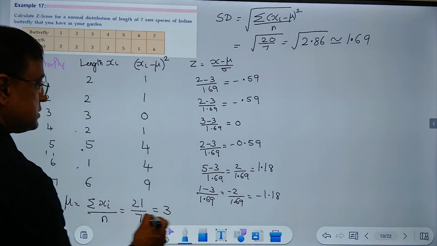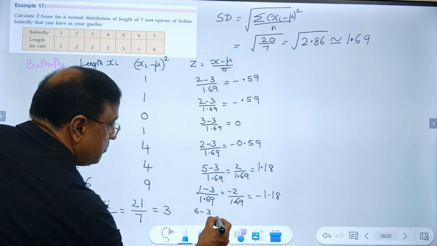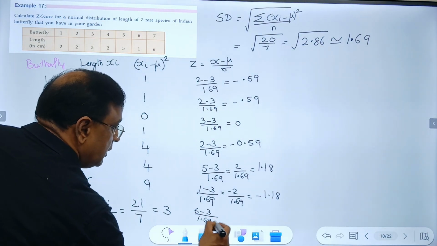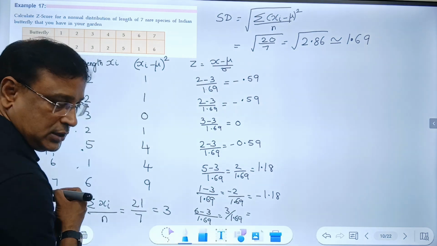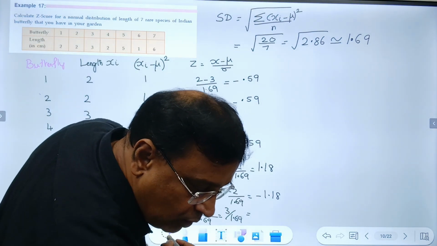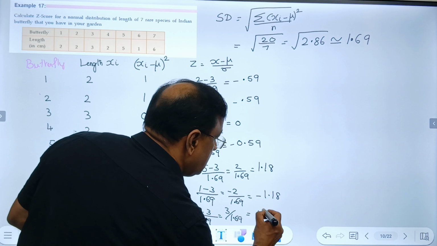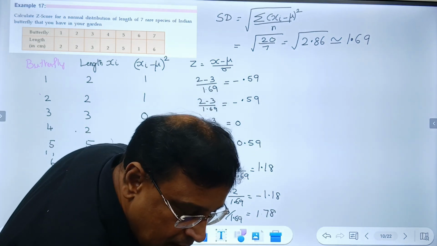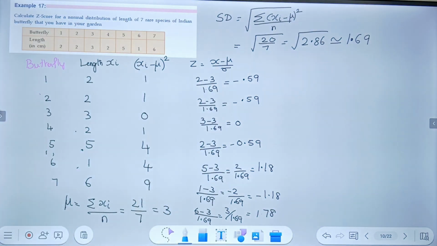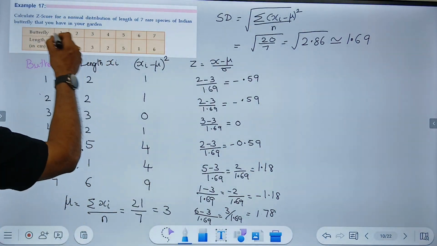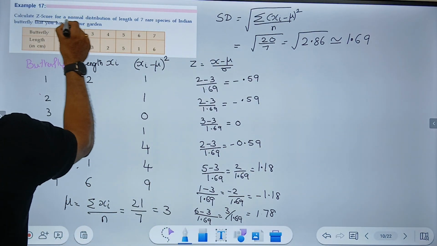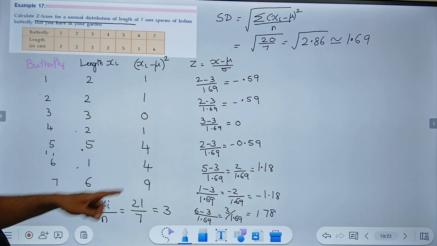Correct? And the last one is 6 minus 3 by 1.69, which is 3 by 1.69, roughly 1.78. So I have found the Z value. That is what it is asking me to find: the Z score of the normal distribution. So I have found the Z score.